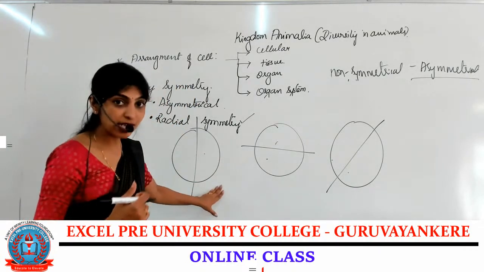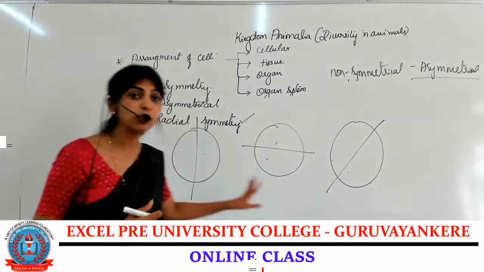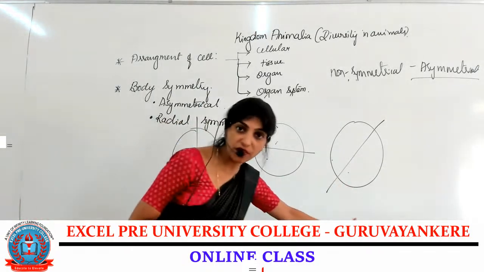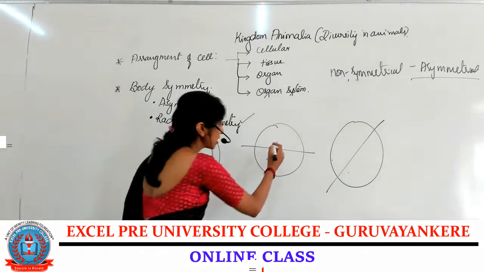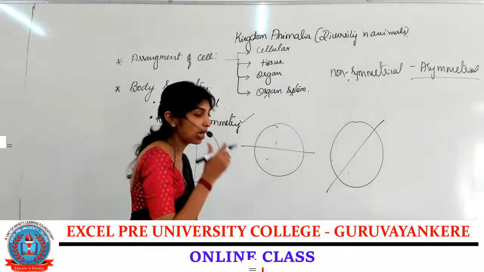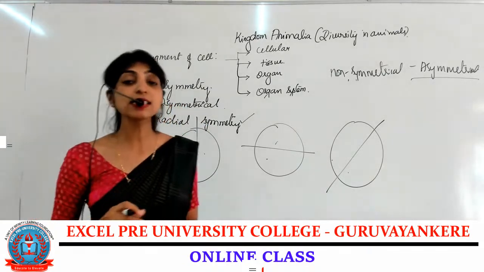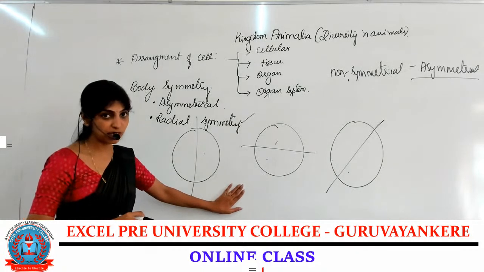Similarly, coming to the next one, if I cut an organism in different planes passing through the central axis, and I get equal halves, then we call it radial symmetry.